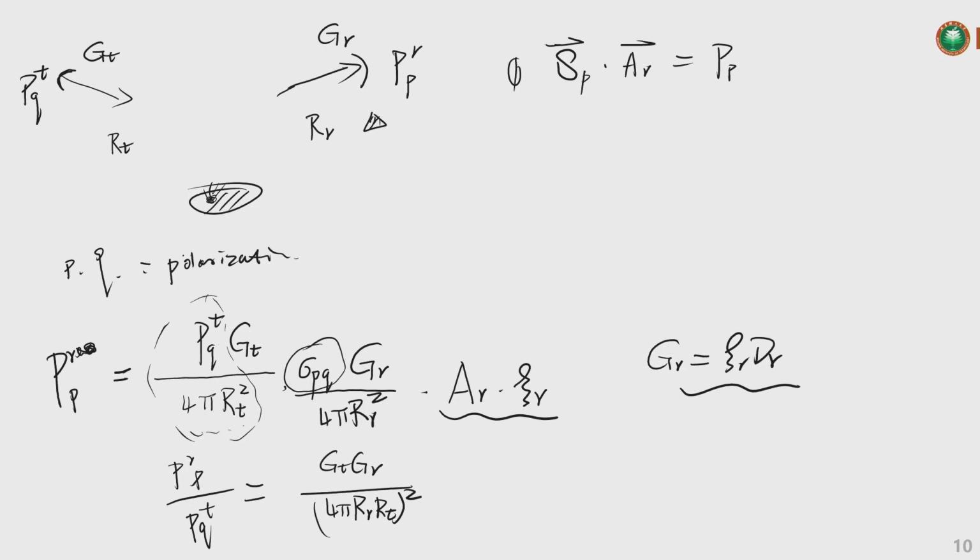Alright, and also times the radar cross section sigma PQ, and also times the AR psi R. So for the AR and the psi R, the relationship is AR can be expressed as lambda squared over 4 pi times GR.